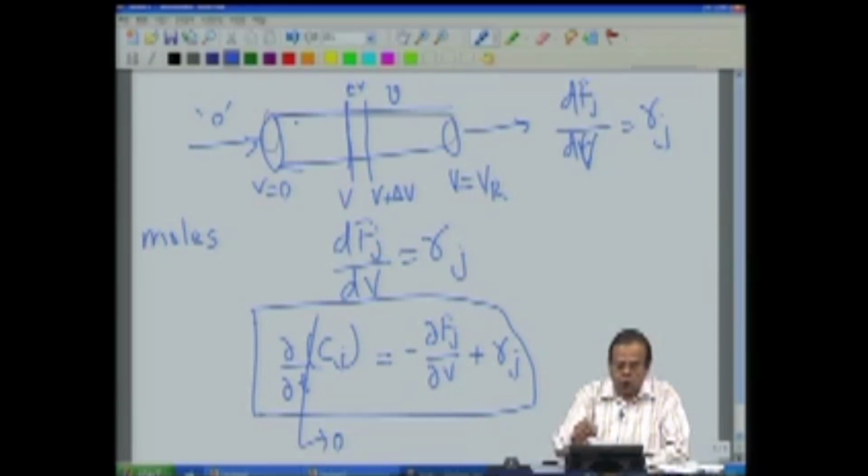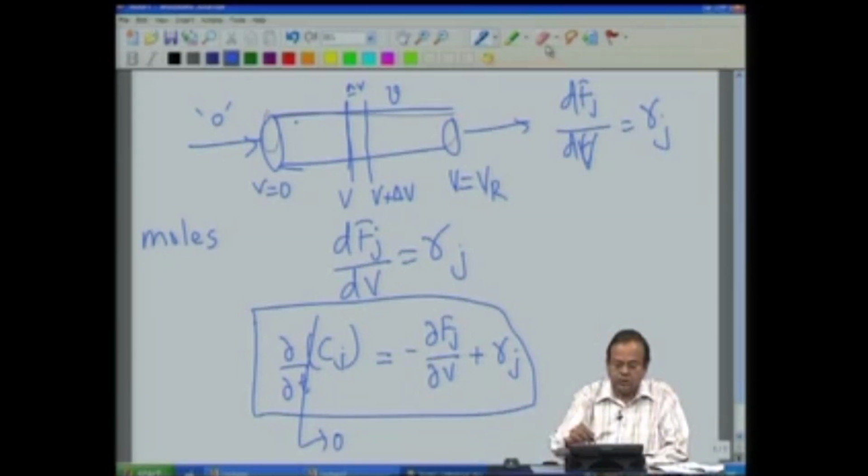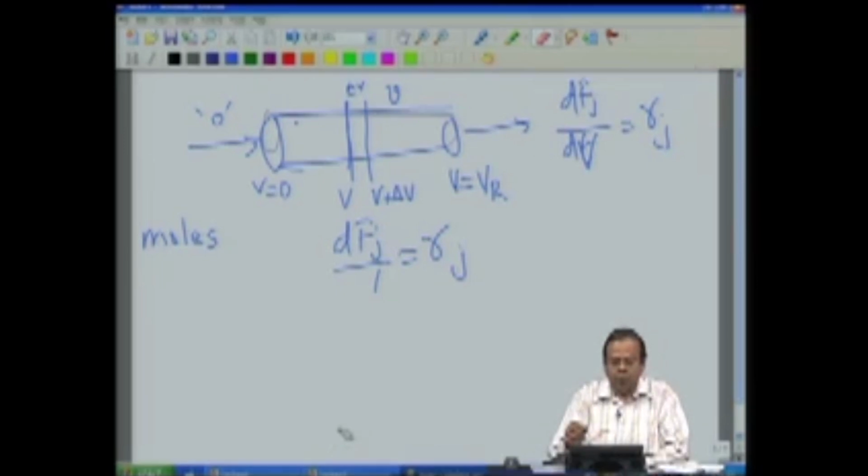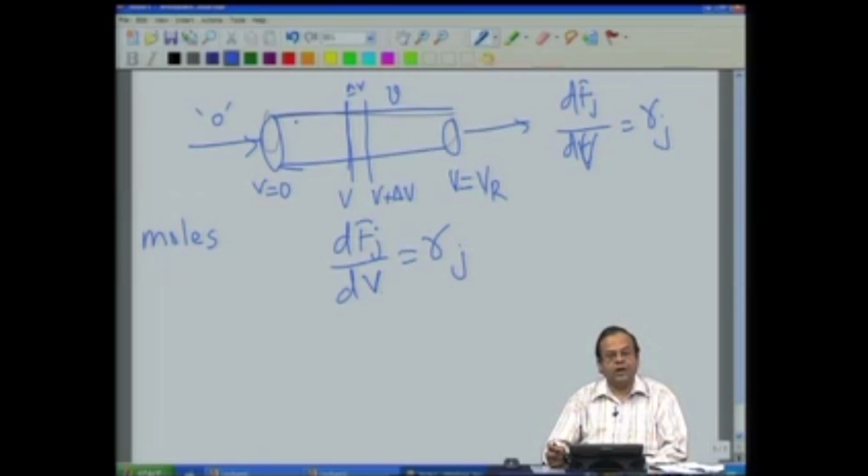Now, there are a few points which I want to mention while we are at the mass balance equation for the plug flow reactor, and this is the following. Remember, particularly if we are looking at a situation which involves a gas phase reaction in which there is a change in number of moles, this requires some consideration.